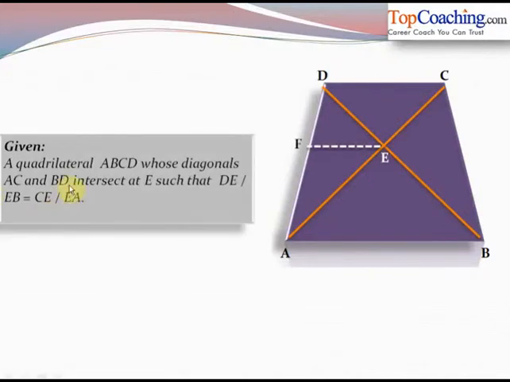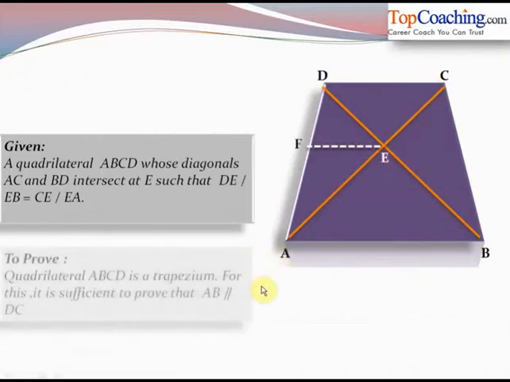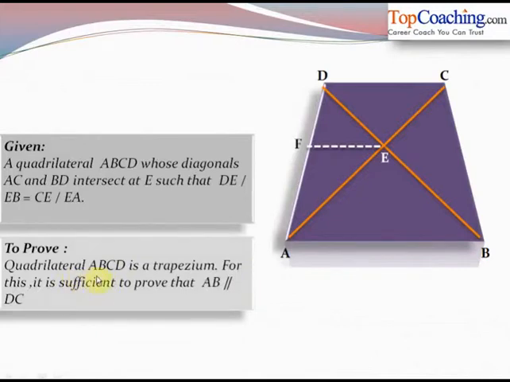Given to us is the quadrilateral ABCD, whose diagonals AC and BD intersect at the point E, such that DE by EB is equal to CE by EA. Now we have to prove that the quadrilateral ABCD is a trapezium.